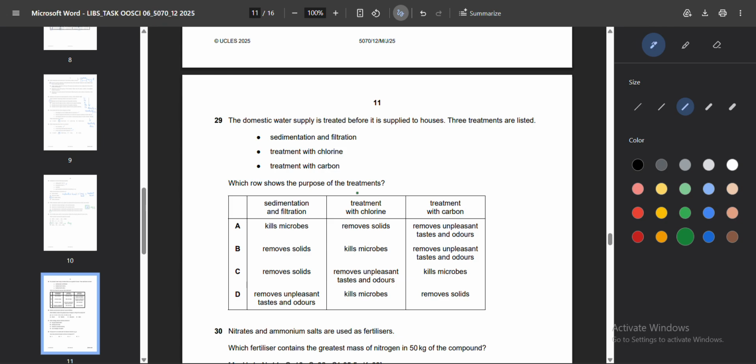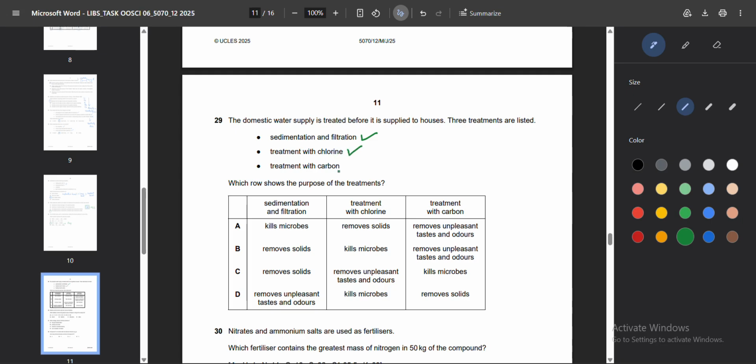Alright, let's move to question number 29. The domestic water supply is treated before it is supplied to houses. 3 treatments are listed: sedimentation and filtration. This is done to remove all the insoluble solid particles.